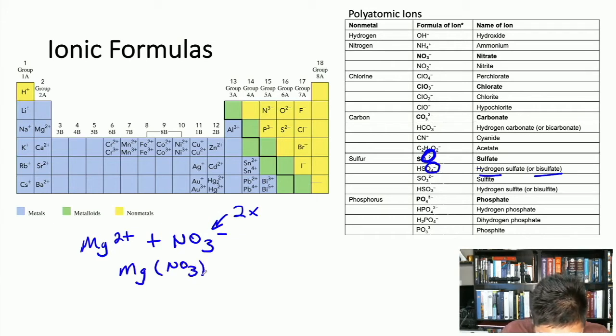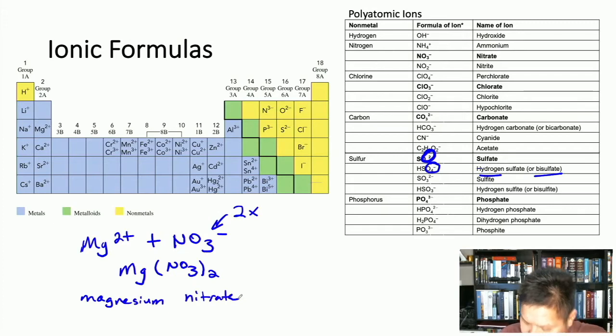And then I would put 2 there, because it's 2 of them. Right? And so that then becomes the name magnesium nitrate. Magnesium nitrate. So it's simple as that.